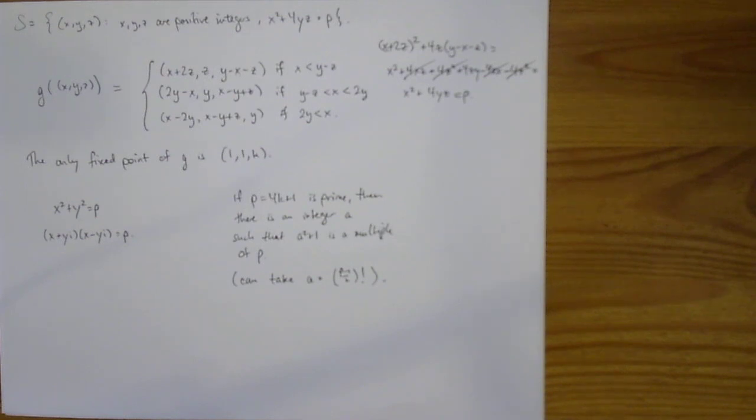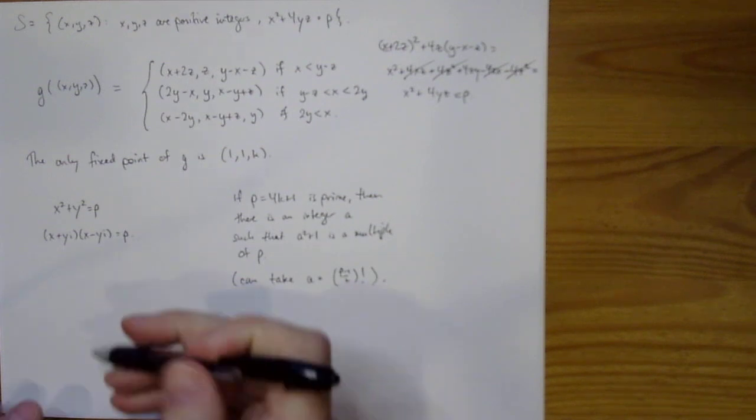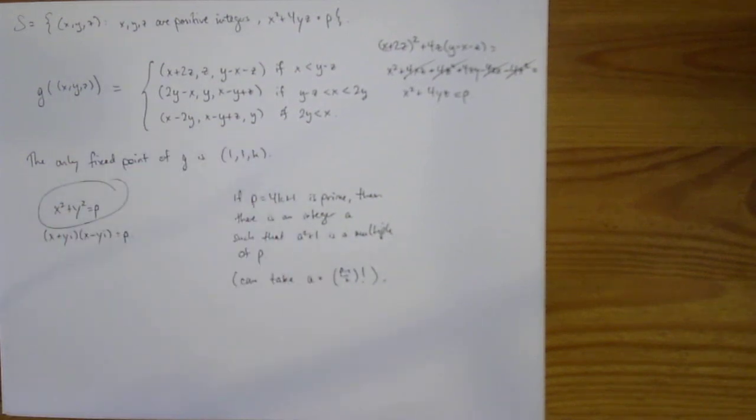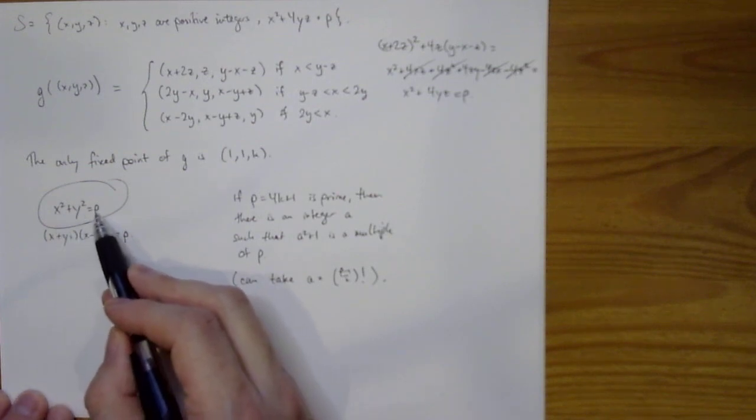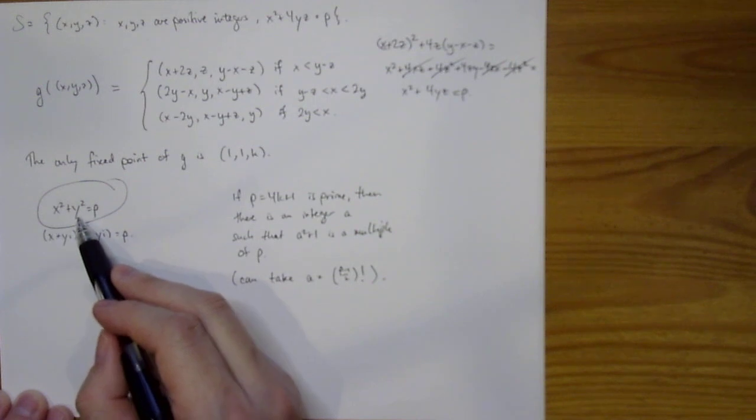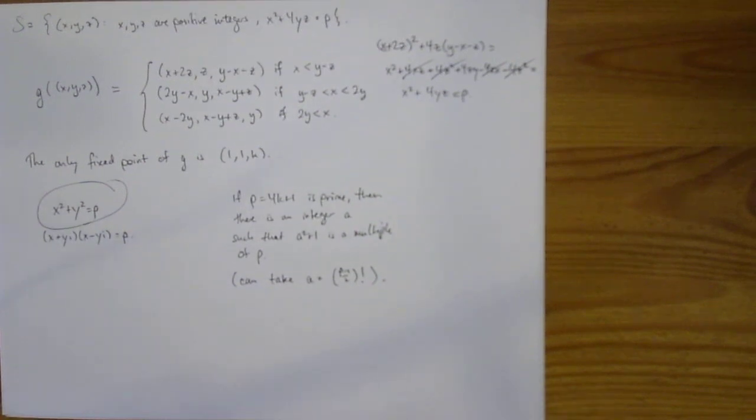Another thing that you might ask that's pretty natural is how many solutions are there to this equation? And it turns out that for p prime, there's basically only one. And when I say basically only one, I mean like 29 is 2 squared plus 5 squared. It's also 5 squared plus 2 squared, but that's kind of a trivial rearrangement. It's also minus 2 quantity squared plus minus 5 quantity squared.